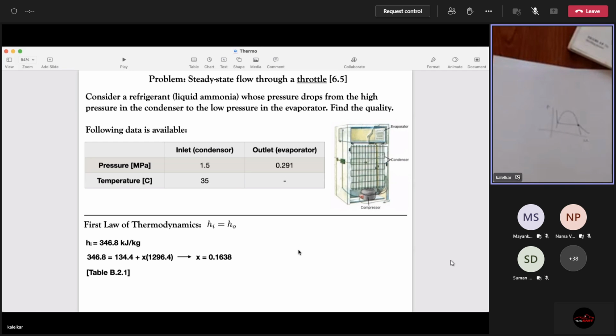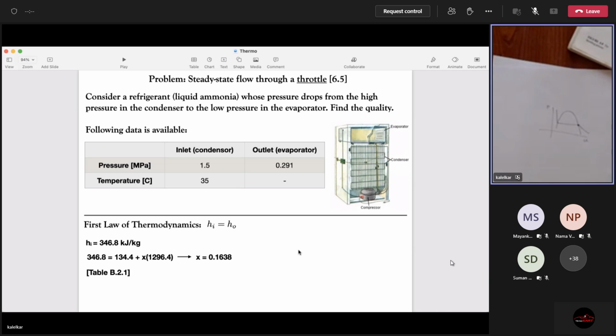He has approximately taken the HF value for 35C, which is 346.8. That is the saturated liquid value. Why liquid? Because you have liquid ammonia. You are assuming that you have a saturated liquid, that's why you're using this table.